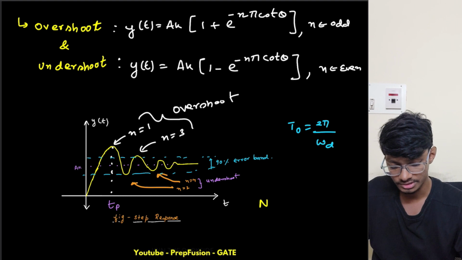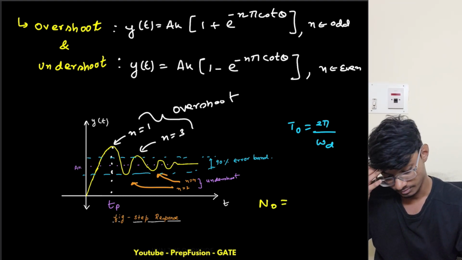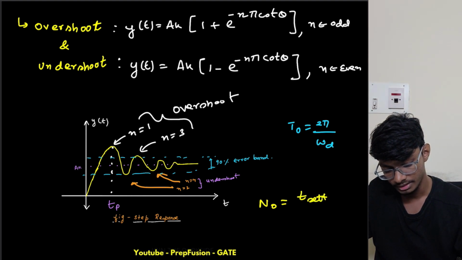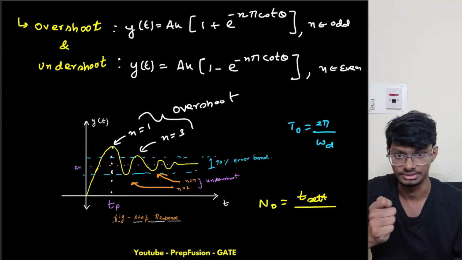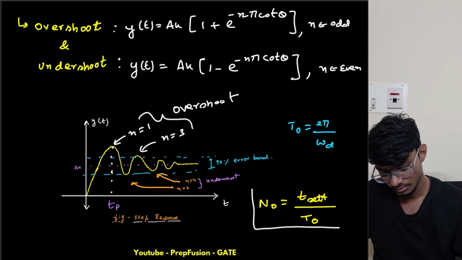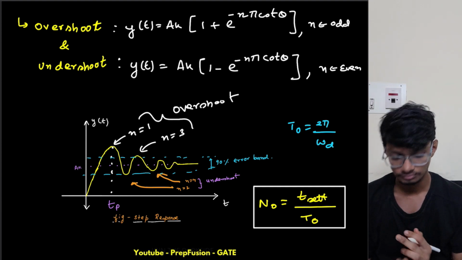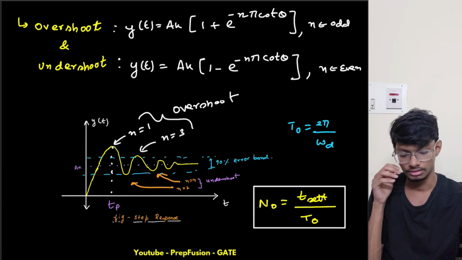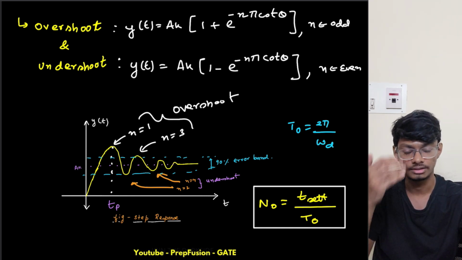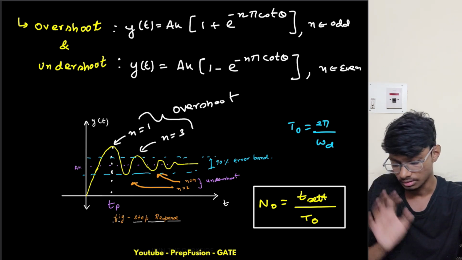It is denoted as N0, and it is written as the total settling time divided by the time period. So N0 equals T settling by T0. That is the number of oscillations I need to make before I reach steady state, or before I settle within my error band.